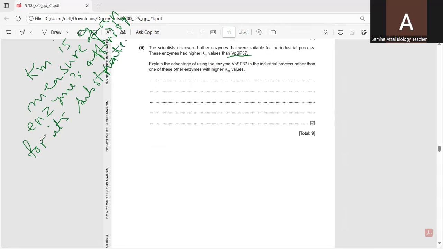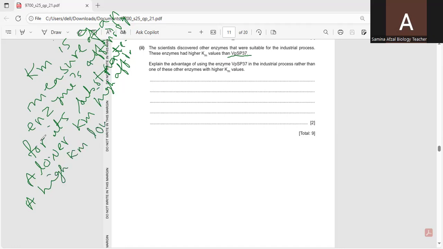So a lower Km value means higher affinity. A higher Km, low affinity.